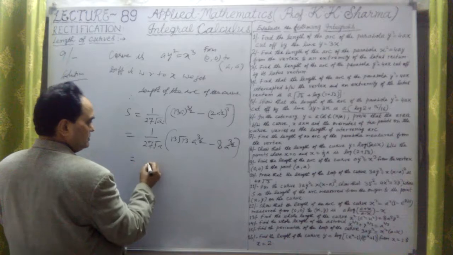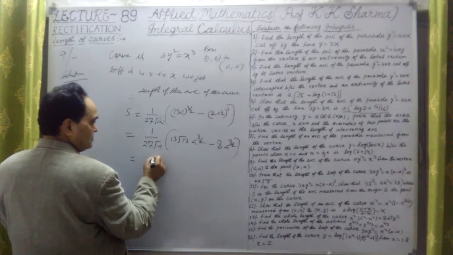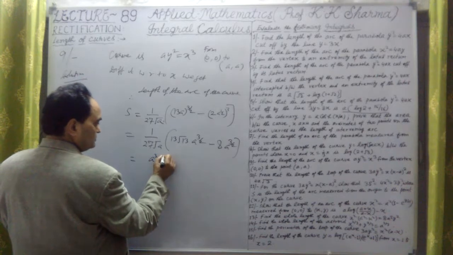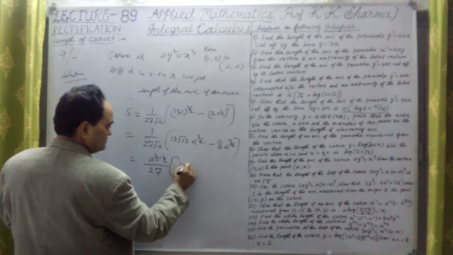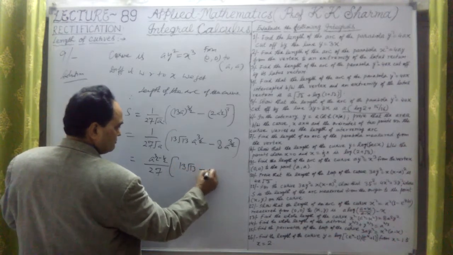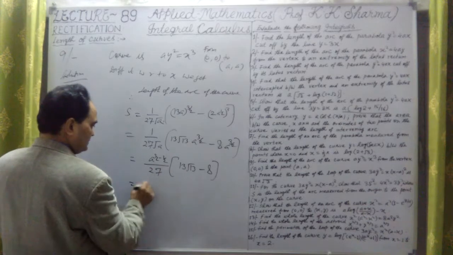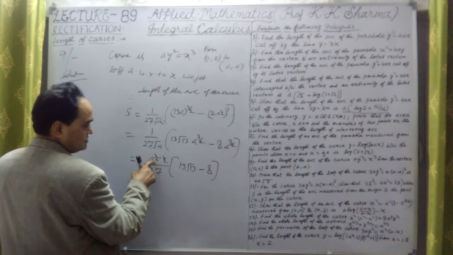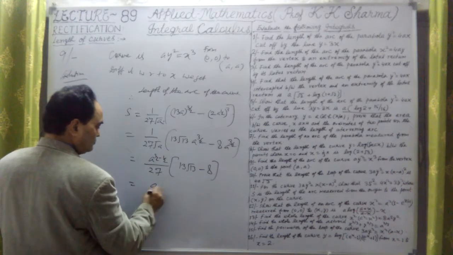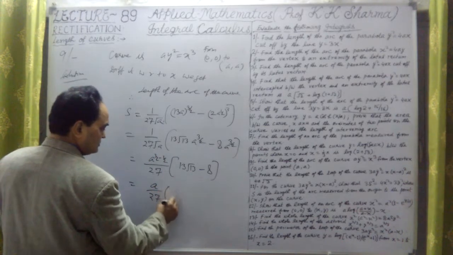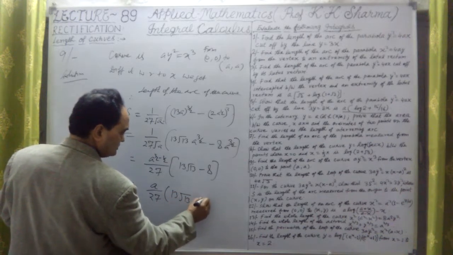If I take a raised power 3 by 2 out, it will be a raised power 3 by 2 minus half, in bracket it is 13 root 13 minus 8. Because 3 by 2 minus half means 1, and a half, the root cancels out, so a upon 27, then it is 13 root 13 minus 8.